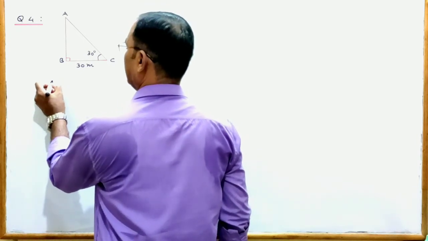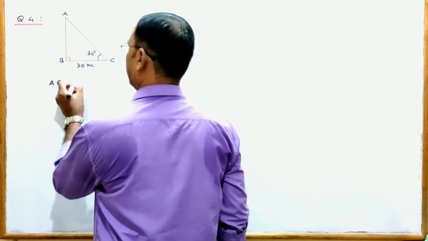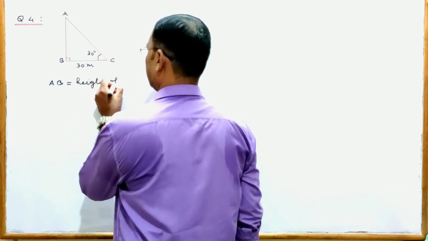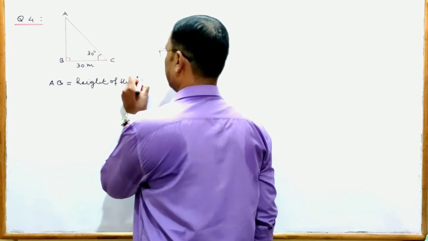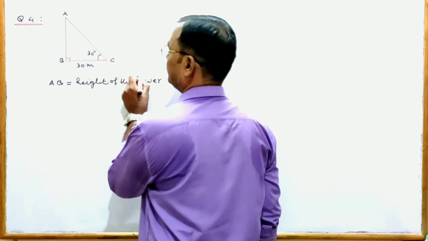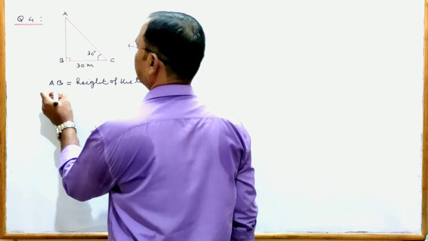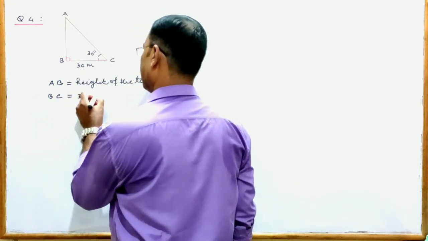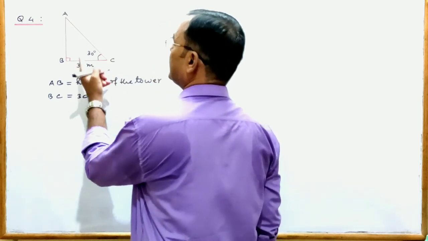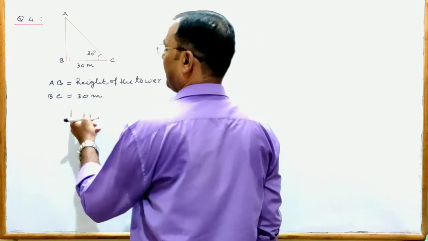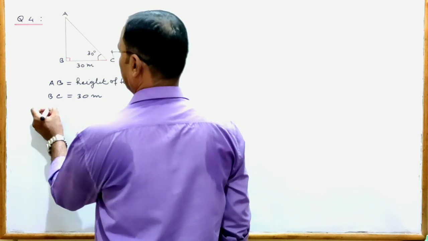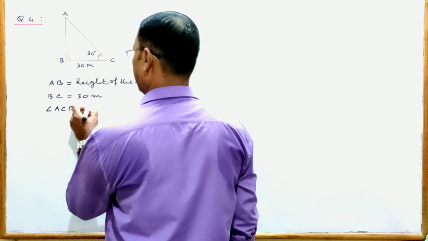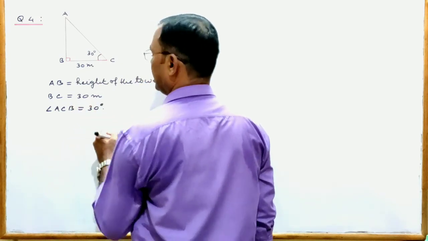So AB in this figure represents height of the tower. BC is 30 meter, distance of point C from the foot of the tower, and angle of elevation ACB is 30 degrees.